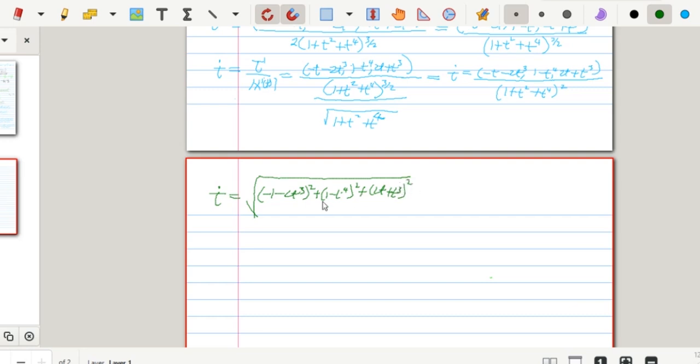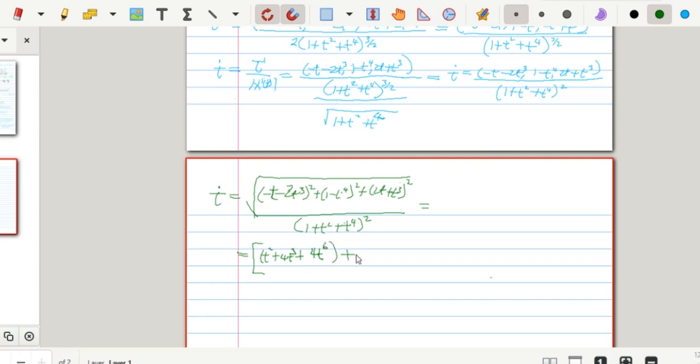This is divided by 1 plus t squared plus t raised to the power of 4 all squared. Then you have plus the last term here. You're going to have it to be 4t raised to the power of 6.